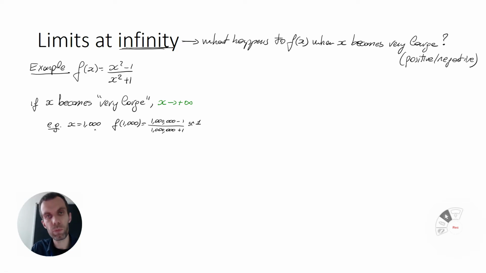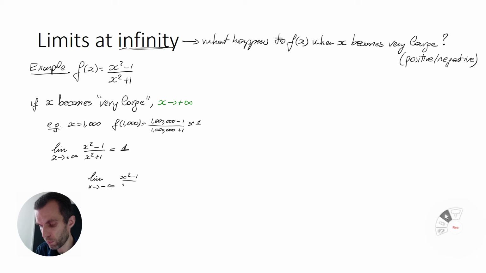And you can put in 10,000, 100,000. What you'll see is that the value that you get out for f of x gets closer and closer to 1. So in this case, we say that the limit for x going to plus infinity of x squared minus 1 over x squared plus 1 is equal to 1. And you can do the same thing if you take x going to minus infinity, so you let x get larger and larger but negative.